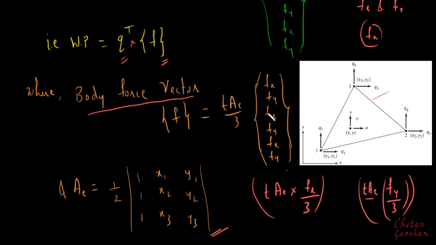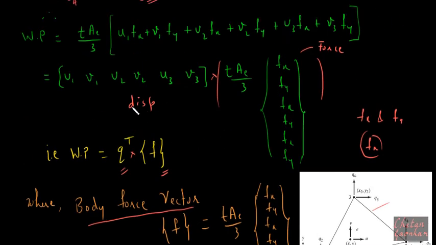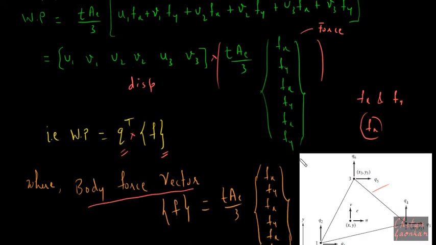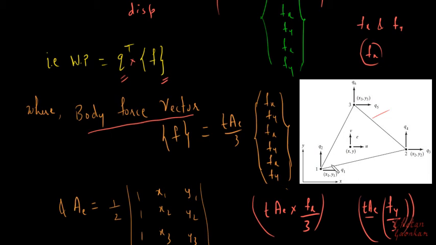So this is what we have understood now. And then of course these are the displacement terms or the field variable terms. Here I have represented it as u1, v1, u2, v2, u3, v3. Here in this diagram, it has been represented as q1, q2, q3, q4, q5, q6. This is nothing but u1, v1, this is nothing but u2, v2, and this is nothing but u3, v3.